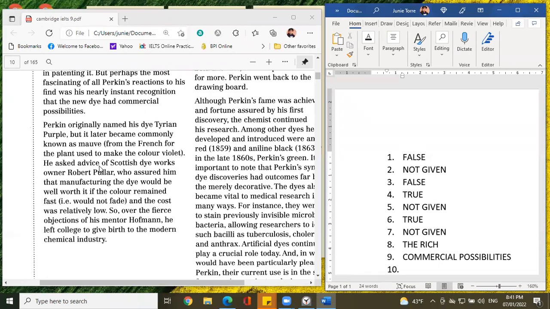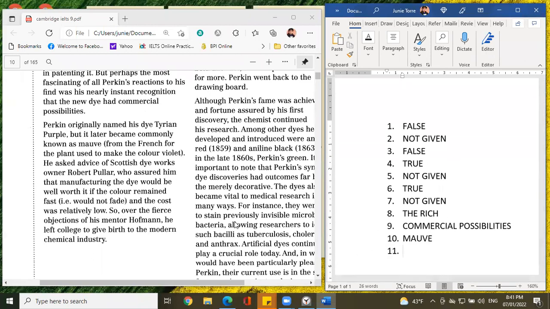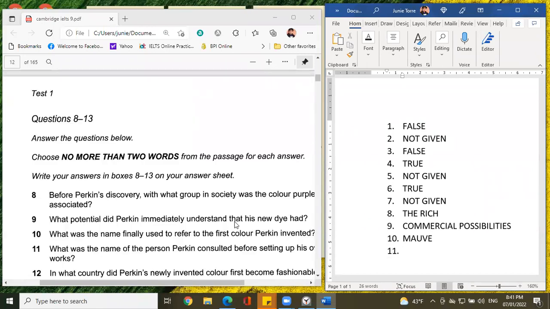He asked advice of Scottish dye works owner Robert Pullar, who assured him that manufacturing the dye would be well worth it if the color remained fast, would not fade, and the cost was relatively low. So over the fierce objection of his mentor Hoffman, he left college to give birth to the modern chemical industry. So mauve is the answer. Mauve. There, mauve. Purple, mauve.